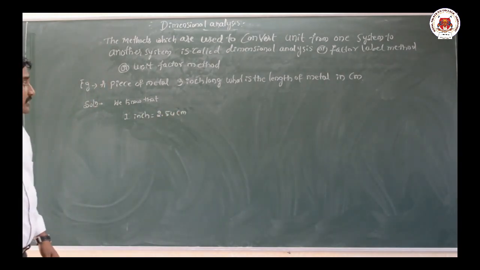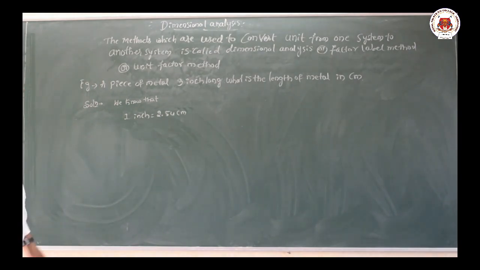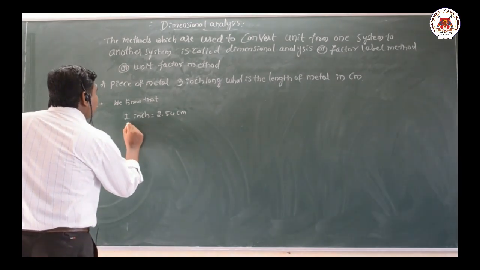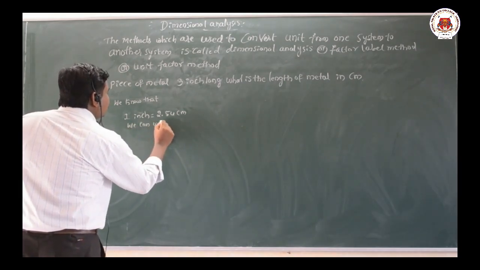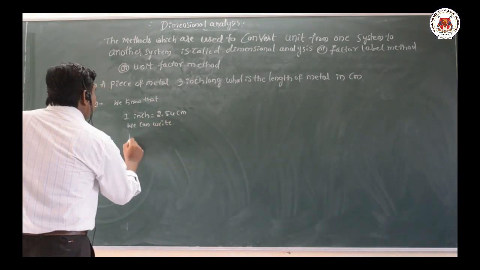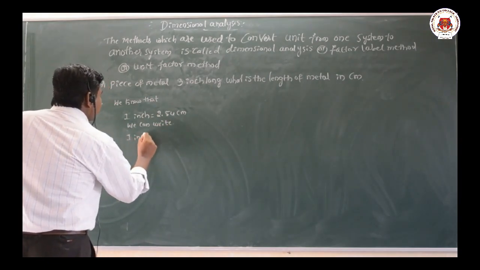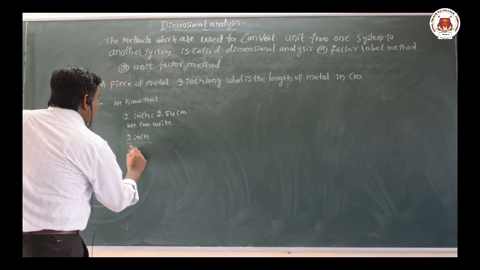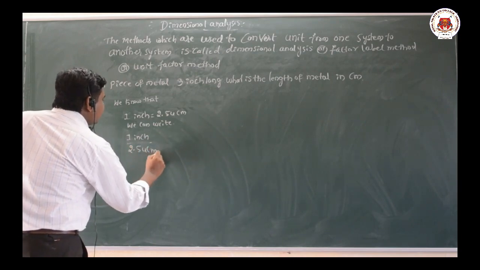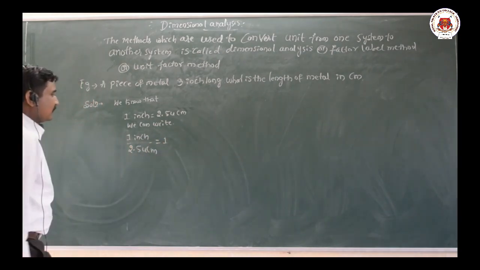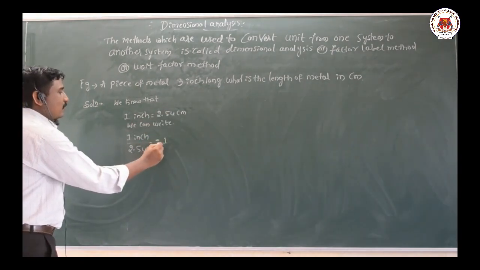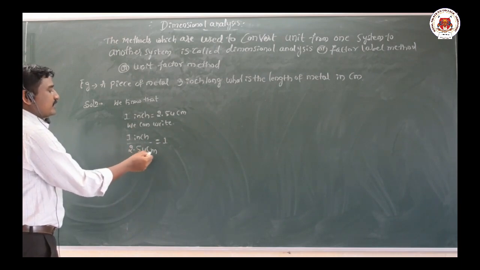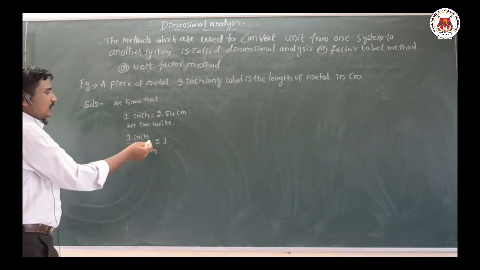From this we can write 1 inch divided by 2.54 centimeter equals 1, correct or not? 1 inch equals 2.54 centimeter, then 1 inch divided by 2.54 centimeter equals 1.